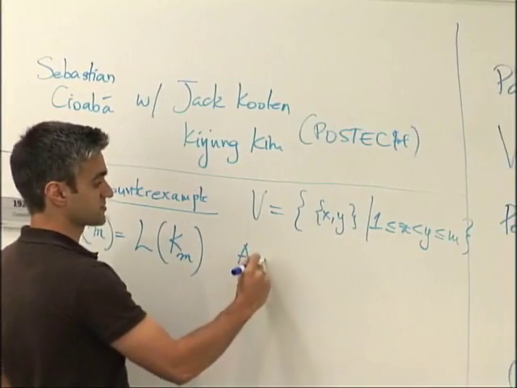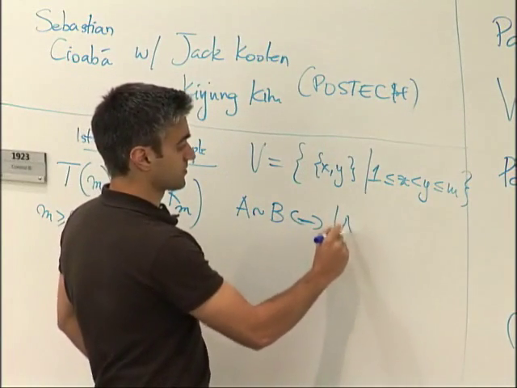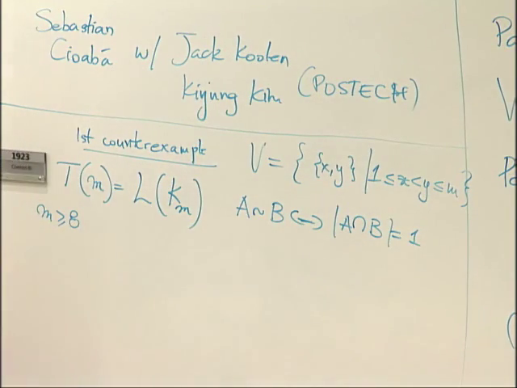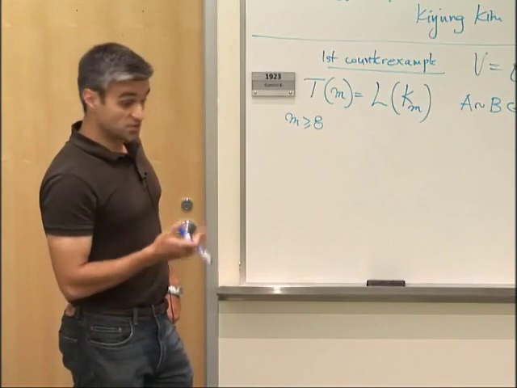And A is adjacent to B if and only if the intersection of these two subsets has size 1. Think of these as the edges of the complete graph, and two edges are adjacent if and only if they share one vertex.